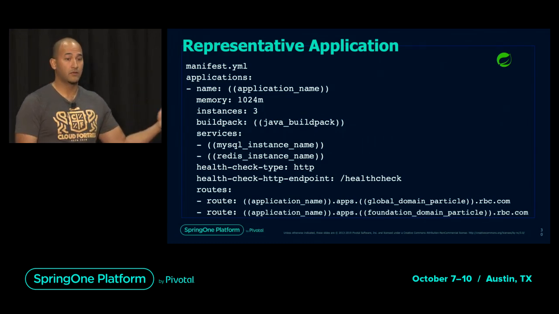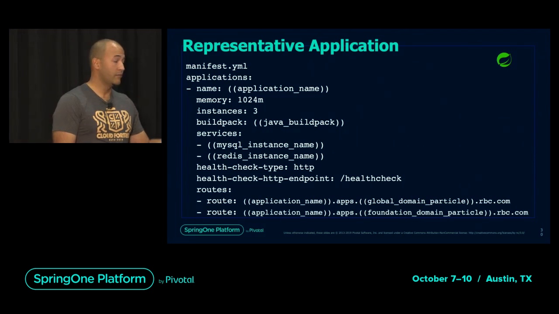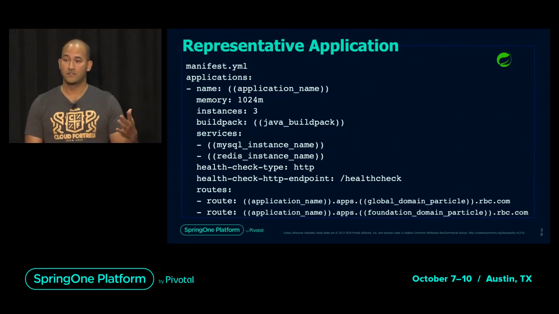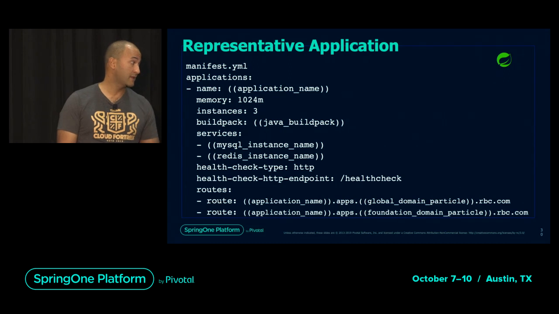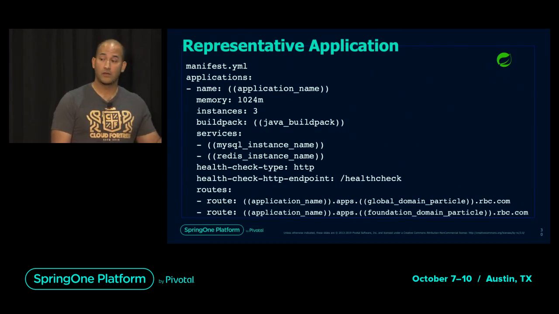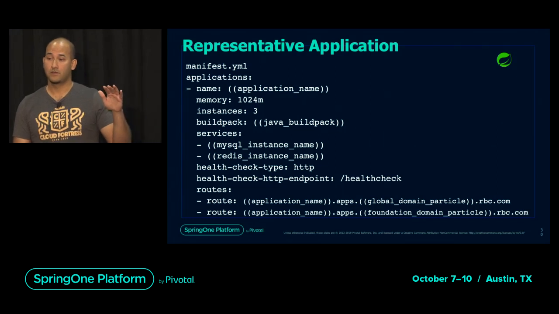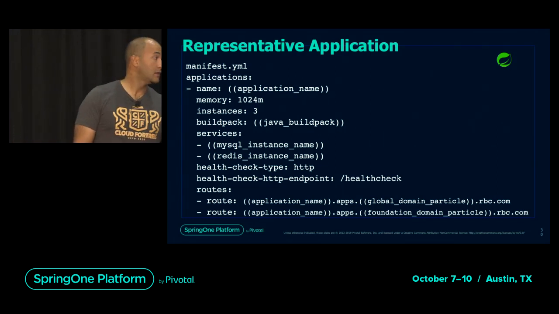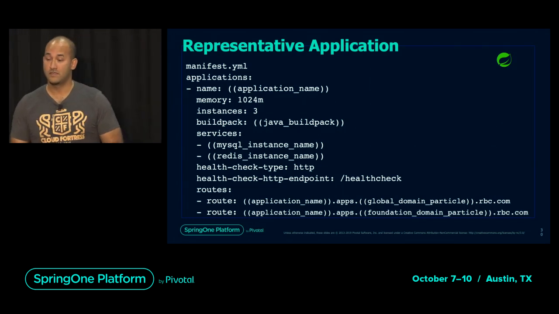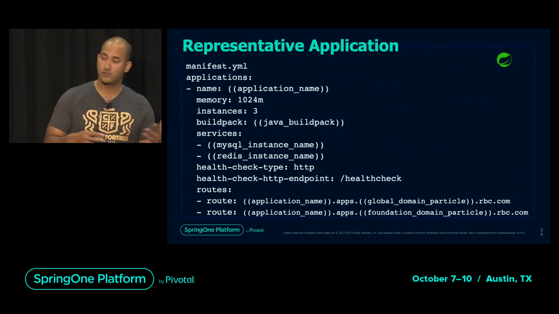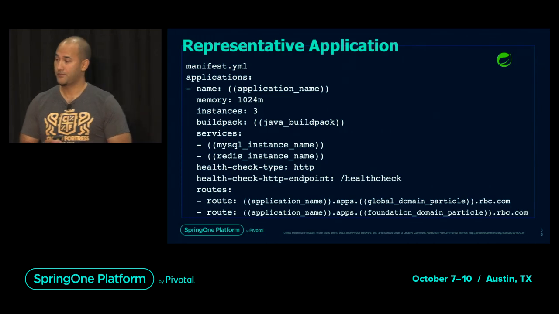The top one being a global route, and the bottom one being a local route. Local route is obviously for the foundation or platform that the app has been deployed to. The global route is sitting on top of a load balanced rule that is DNS enabled, that's able to route the traffic to either prod A or prod B.